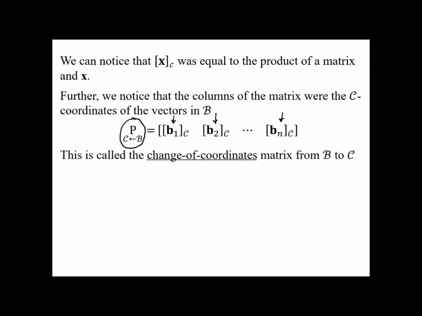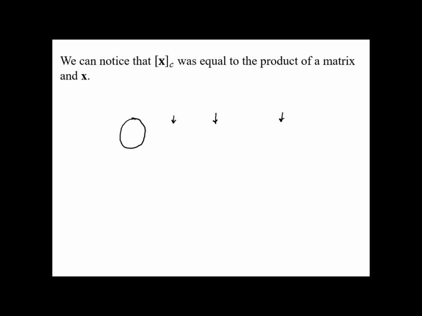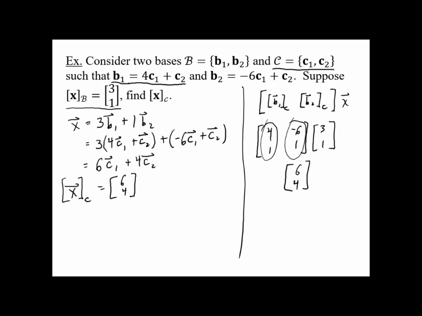This is called the change of coordinates matrix from B to C. So again, it allows us to take the B coordinates of some vector. If I took this matrix and multiplied it by, oh, I do have one correction I need to make here. I didn't multiply this by x, did I? Because I didn't know x. I'm actually multiplying it by the B coordinates of x.